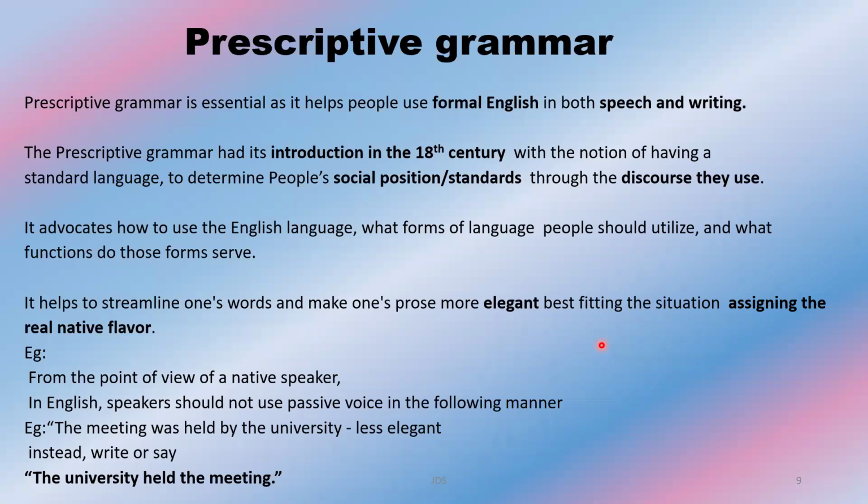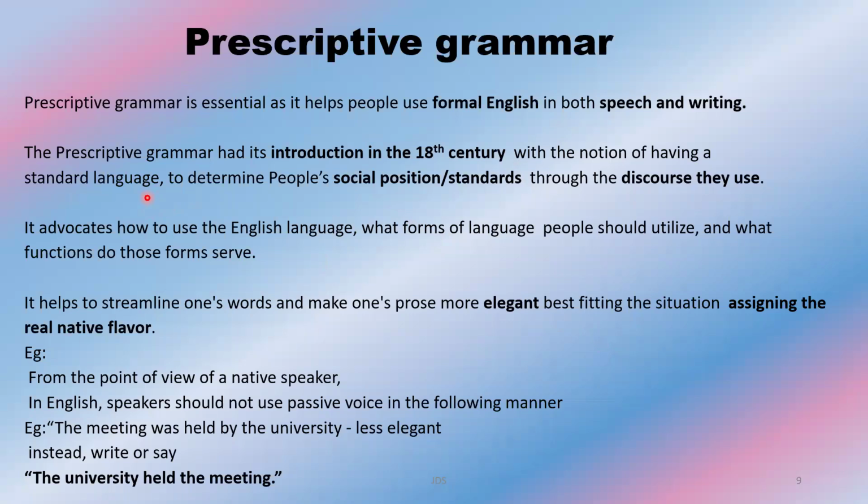For several purposes it's used, but mostly for which purpose was it used in the late 17th century? To determine people's social position. That is, social profession is determined by focusing on how they are using the standard language. But even before that, I told you different dialects were used, but ultimately they shifted towards using the standard language. For what purpose?